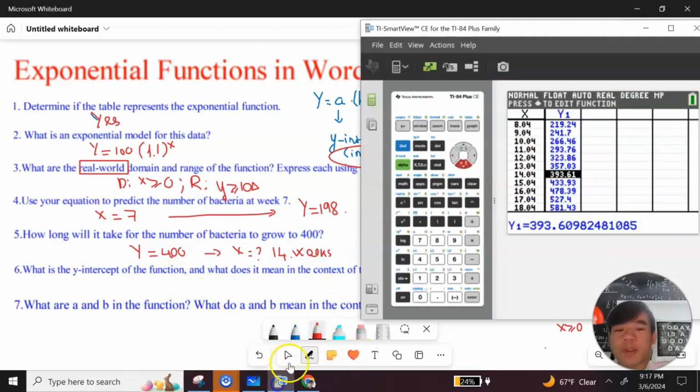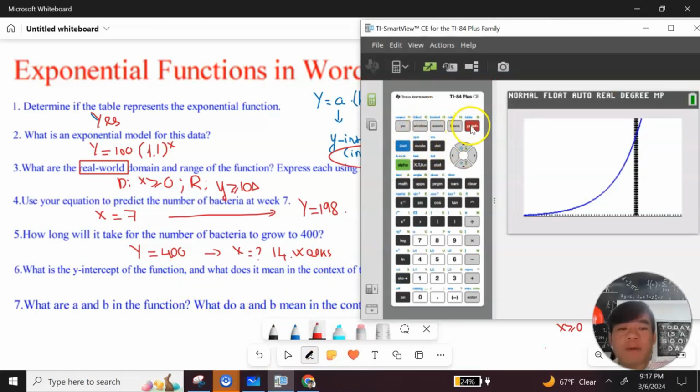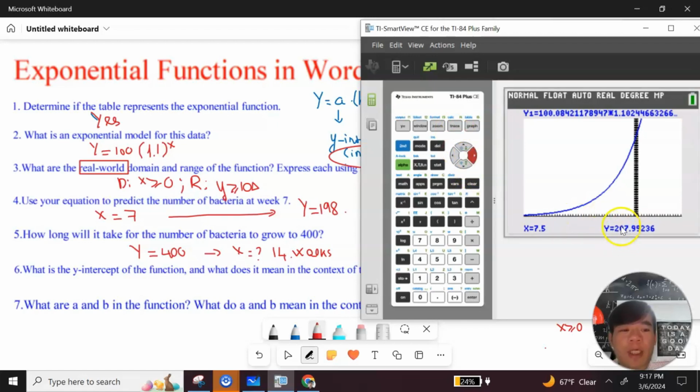Now, the second way to do this one, you go to the graph again, you hit trace right here, and you hit the right arrow. You just look at the y value right here until you see 400. I see 386, 404 right here.